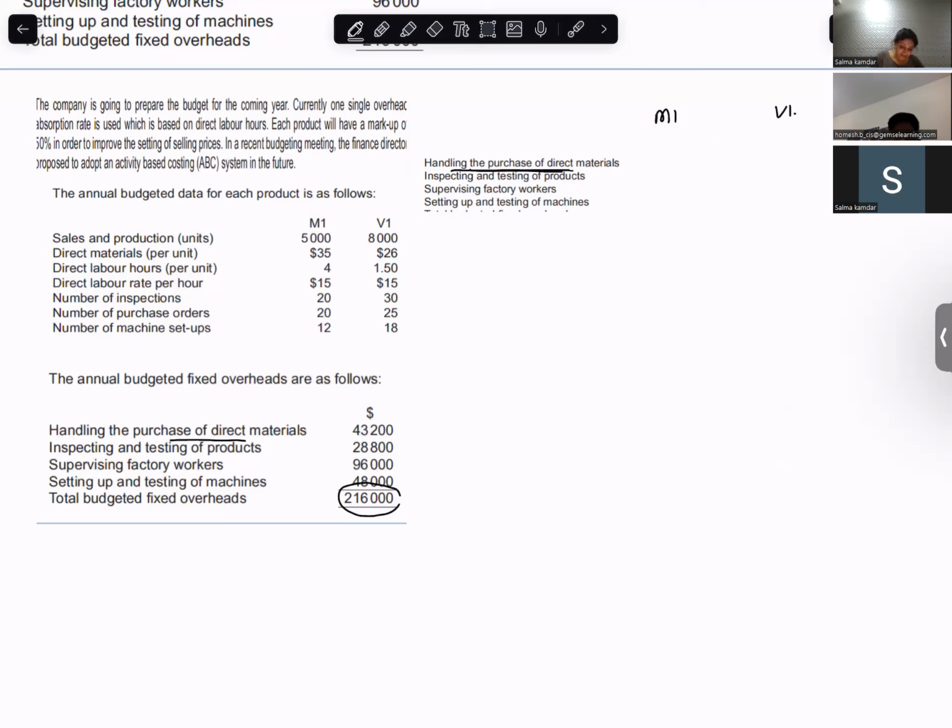Handling the purchase of direct material: the cost driver for this will be the purchase orders.